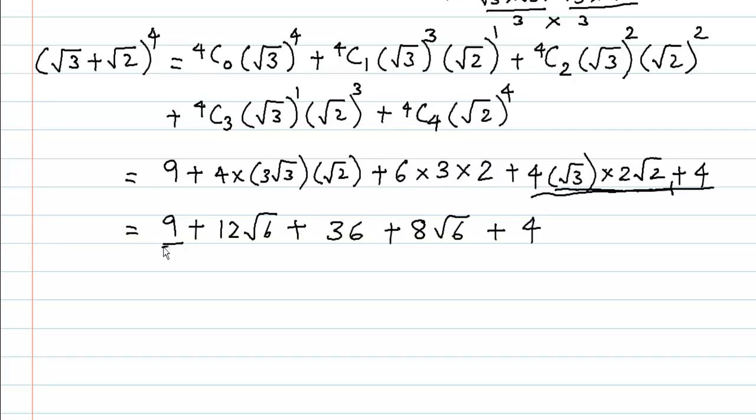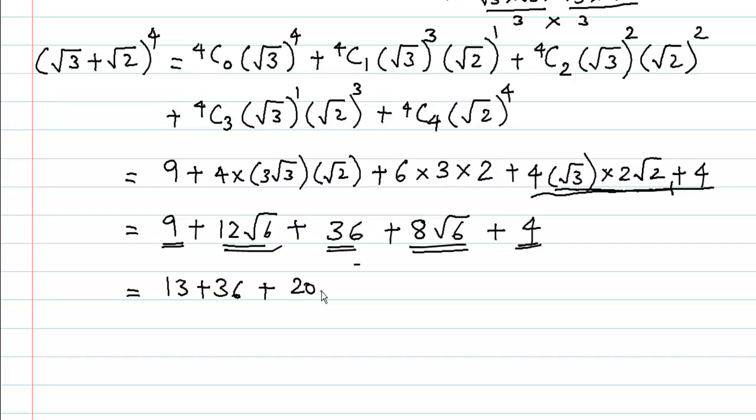Now we'll take the like terms together. 9 and 4 both are like terms. So 9 plus 4 is 13. Plus, we also need to add 36. Okay, we can do it in the next step. Plus 12 root 6 plus 8 root 6. So remember, only 12 and 8 will add together. Root 6 and root 6 won't add.